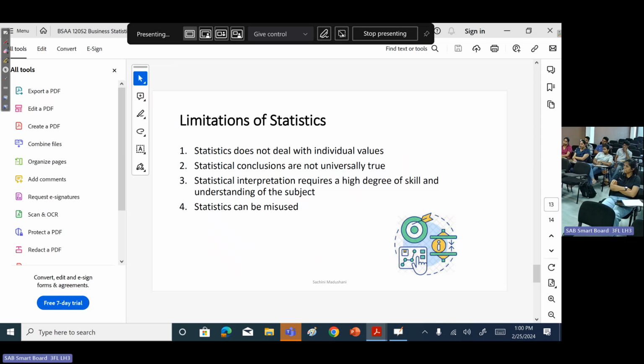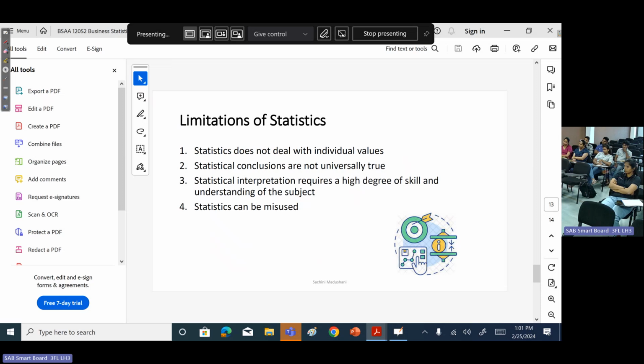Not everyone can easily understand the statistical output and interpretation. If we have knowledge about the subject, then we can understand what they do.